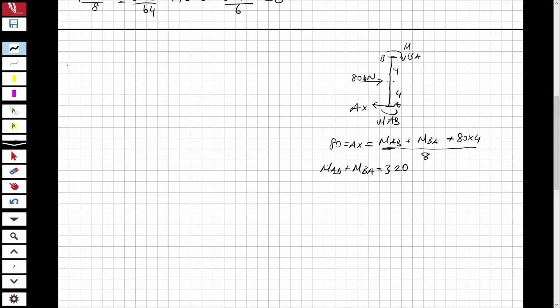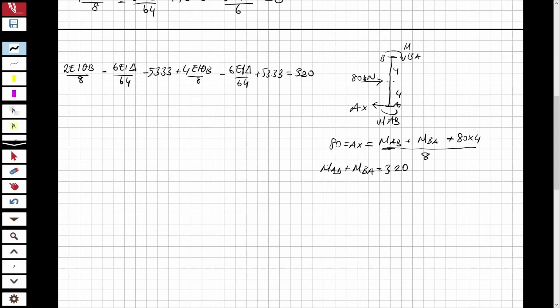For moment AB, I start with 3EI theta B over 8, and minus 6EI delta over 64, and minus 53.33. For BA, that will be plus 4EI theta B over 8, and minus 6EI delta over 64, and plus 53.33, equal to 320.